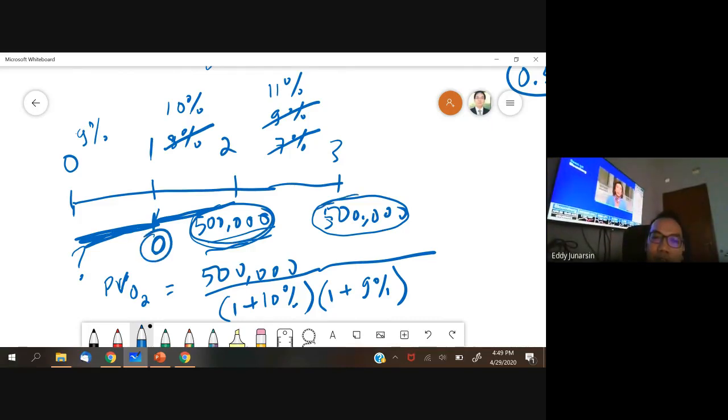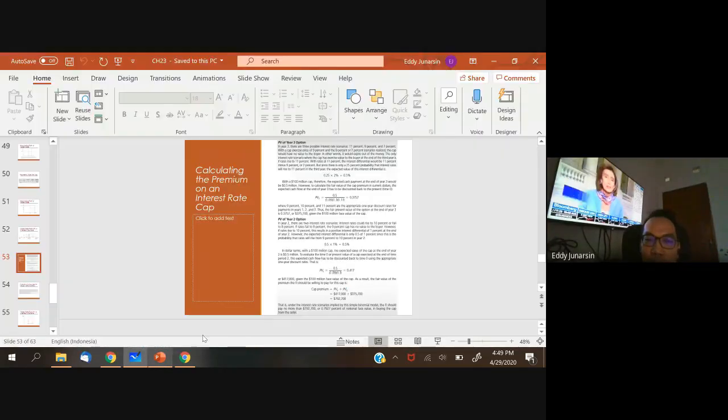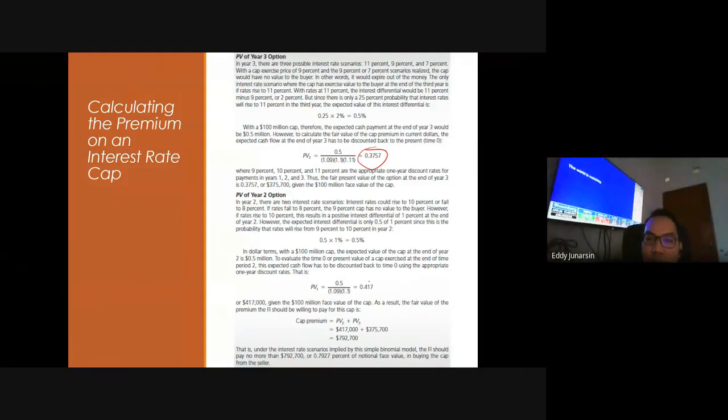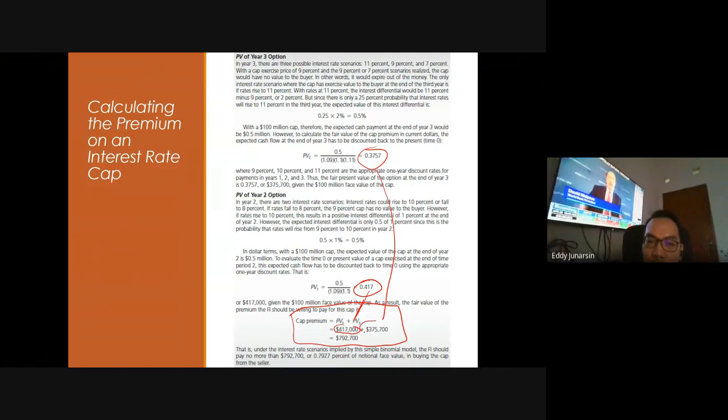And the present value of 500,000 is 375. From the third year, this is from the second year, and from the first year is zero. That's why when we find the cap premium, 417 is for the second year. 375 is the present value of the option in the third year.